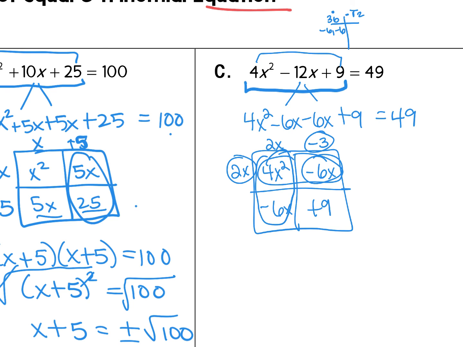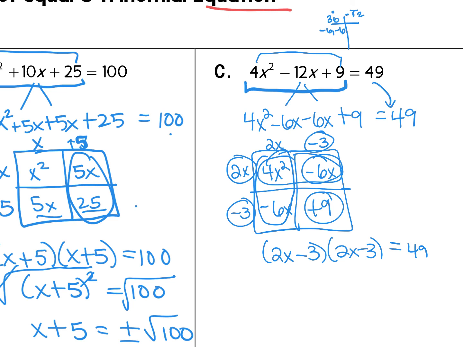And 2x times negative 3 would give me negative 6 in the bottom corner as well. And then negative 3 times negative 3 would give me positive 9. So I have 2x minus 3 times 2x minus 3 is equal to 49. The 49 just carries down on the right side.